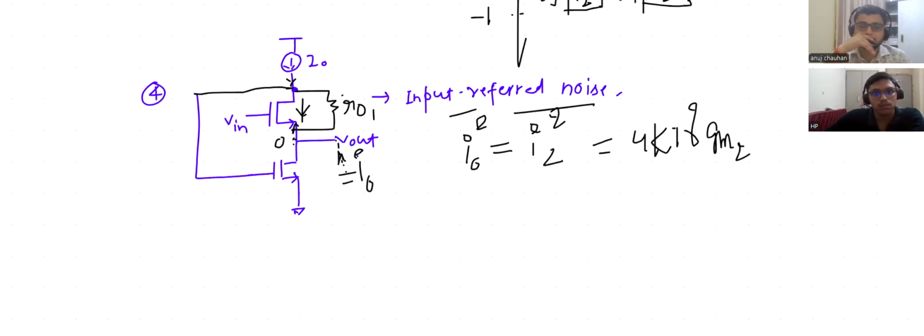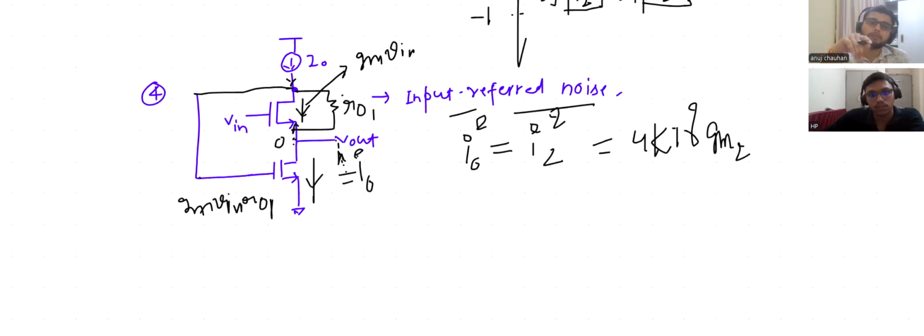This is GM V in. Therefore, the voltage at this node is GM V in R01. Therefore, the current through this node is GM square V in R01.